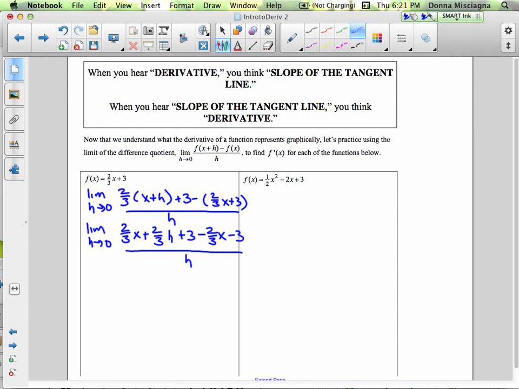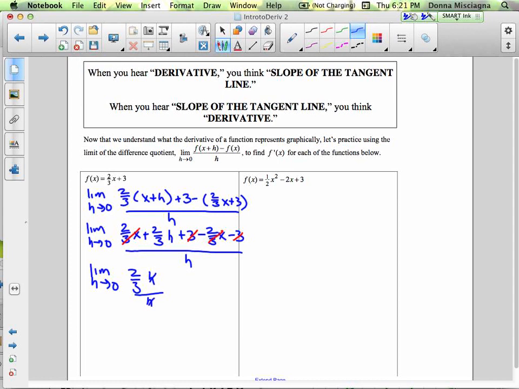We've got some things that are going to cancel out. So we can cancel out the x's and the 3. And so the only thing we're left with is the limit as h approaches 0 of 2/3 h divided by h. Well, the h's will cancel out.